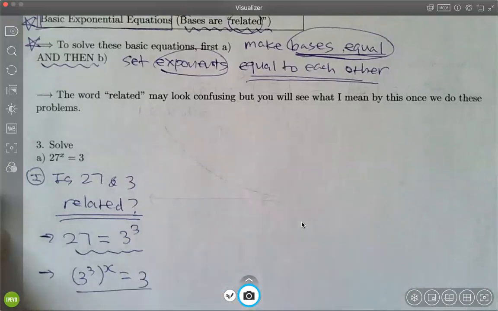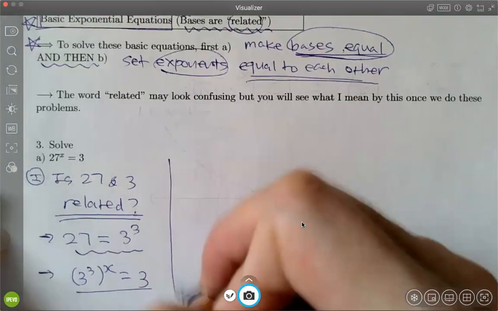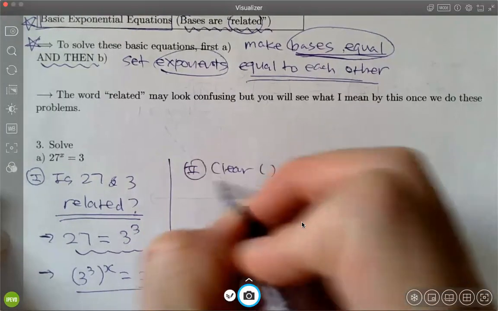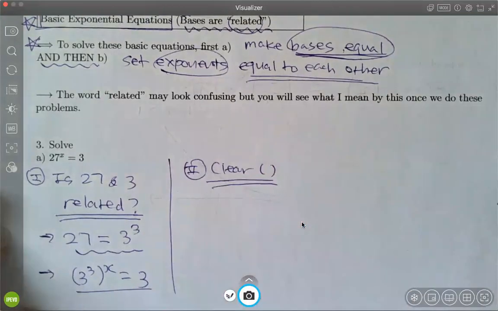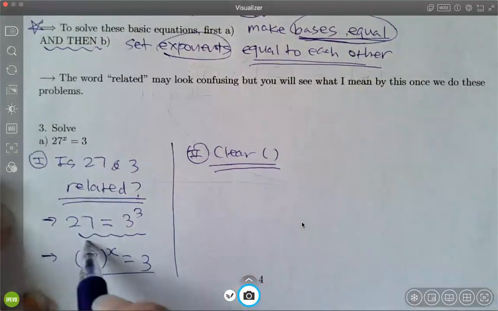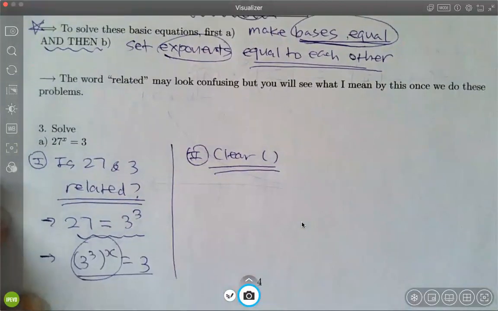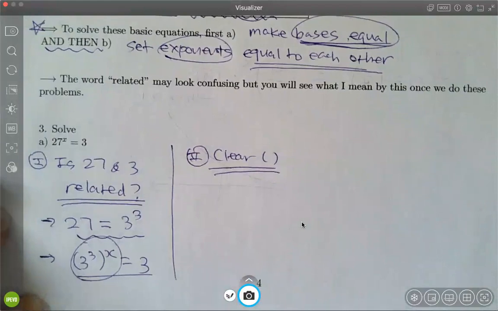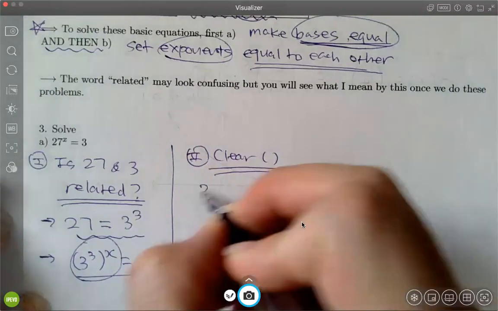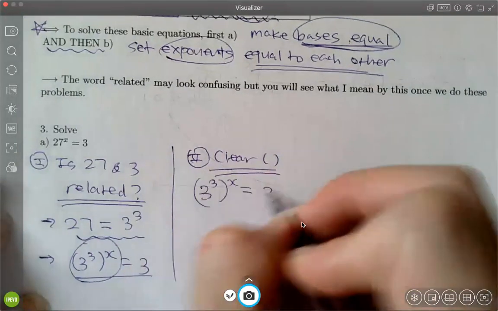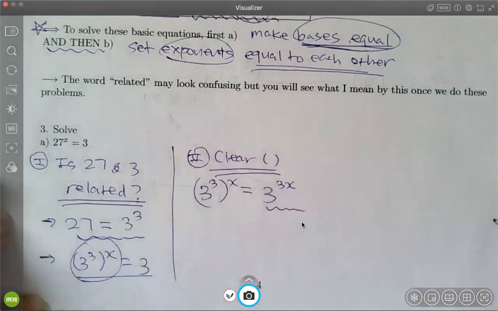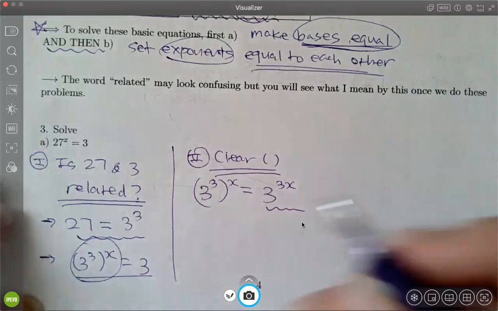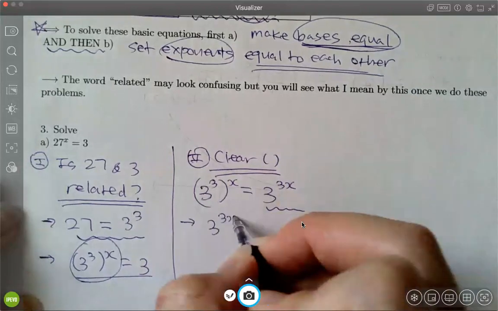Now step number 2, clear parentheses. How can you clear parentheses here? 3 cubed to the power x. When you have so-called double exponents, what can you do? Multiply the exponents, remember that? So you have 3 to the power 3x is equal to 3.